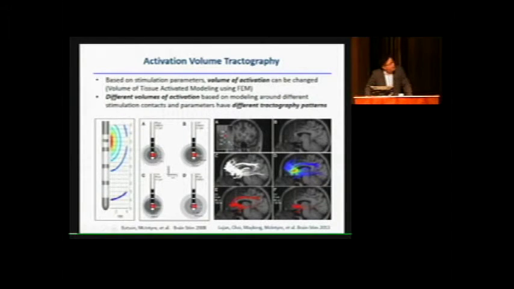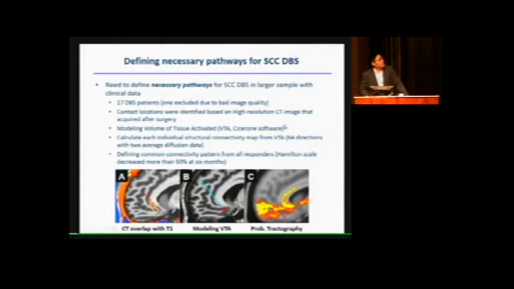As I told you, we have 4 different contacts in each electrode. When we use the C3 contact for stimulation, the structural connectivity pattern looks like this. However, when we use the C1 contact, the bottom contact, a different connectivity pattern is shown. So based on which contact we use, and based on the modeling, we do tractography to find the necessary pathway.